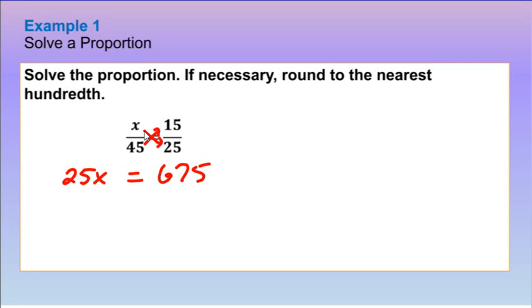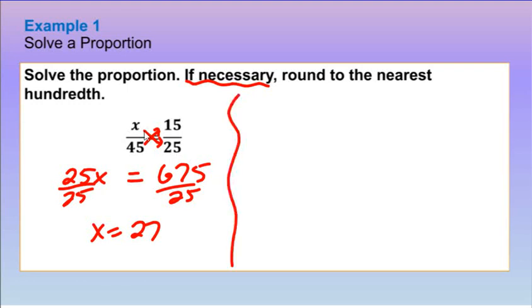Now all I have to do is get x by itself, and I can divide by 25 on both sides. And I have 675 divided by 25, and I'm left with x equaling 27. Now that is not a decimal, but it just said if necessary. Now this is one way of solving it.